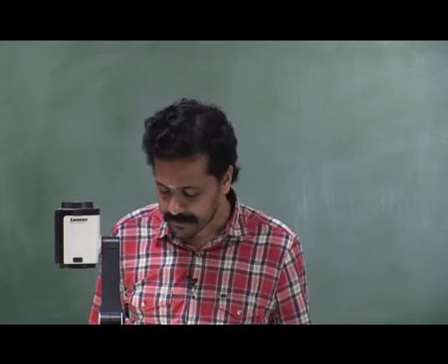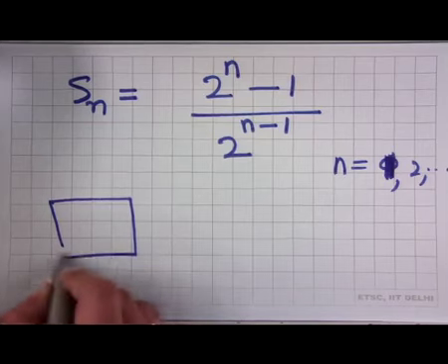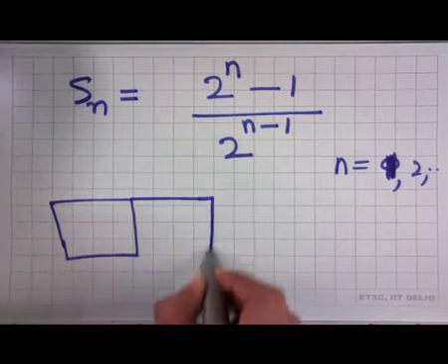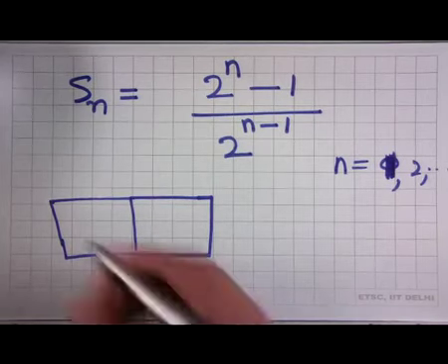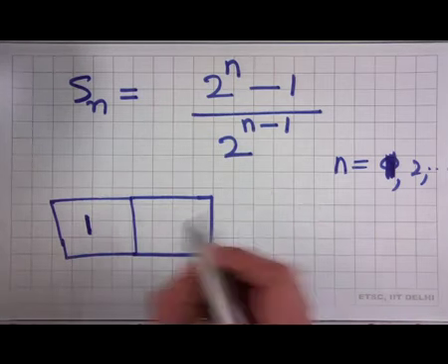Consider a unit square. Imagine two copies of the unit square are pasted like this. The area of this one is 1. Let us halve the second unit square.